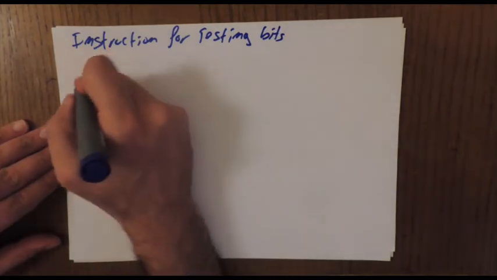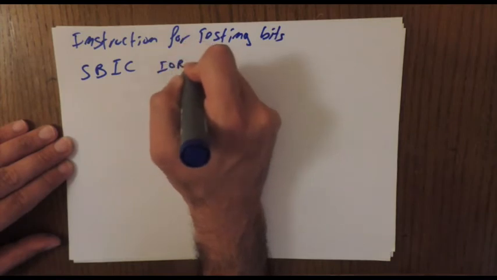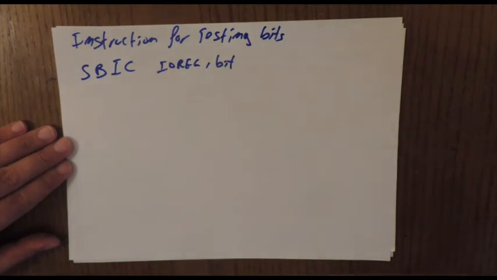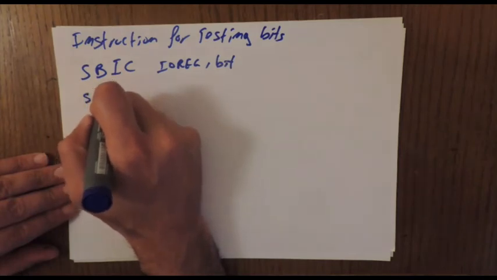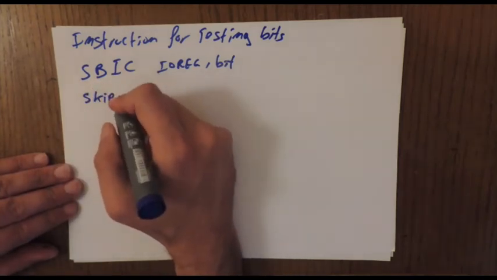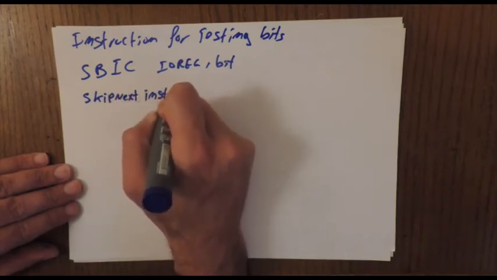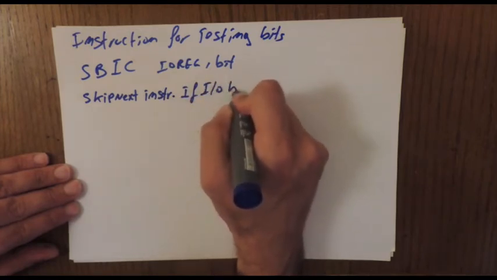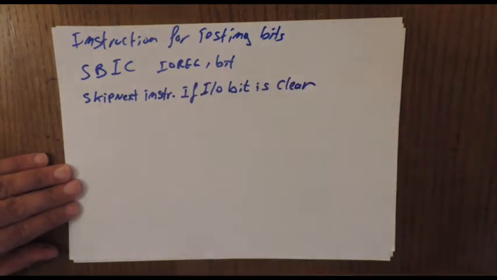We have SBIC, which takes an IO register and a bit number. So what is SBIC? Skip next instruction if IO bit is clear. So what do we mean by this instruction?